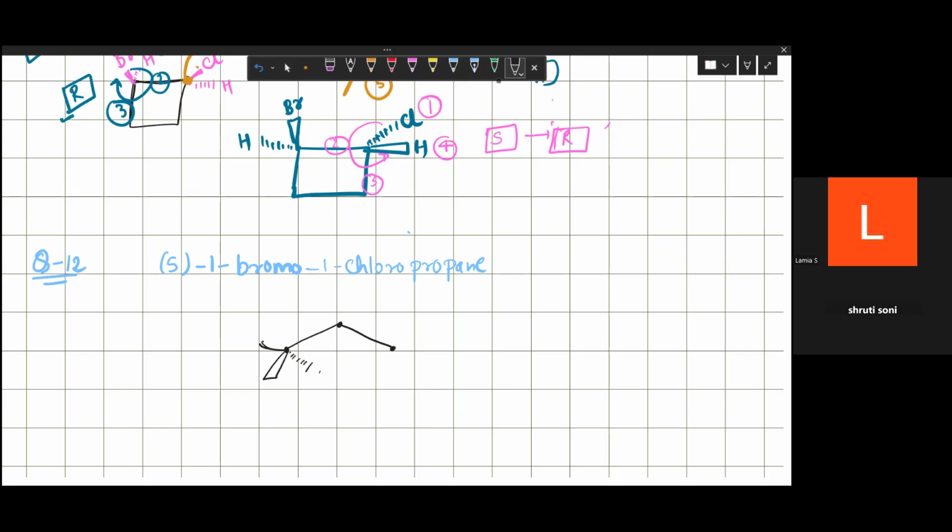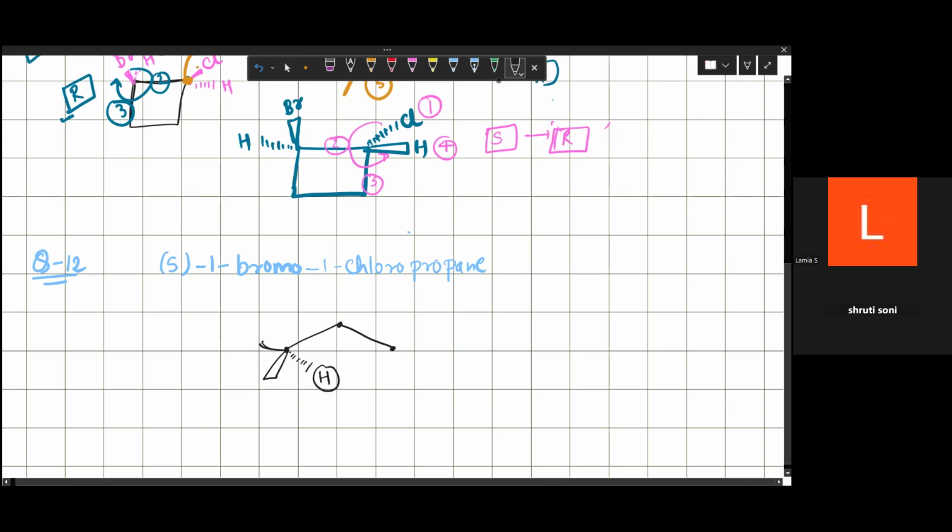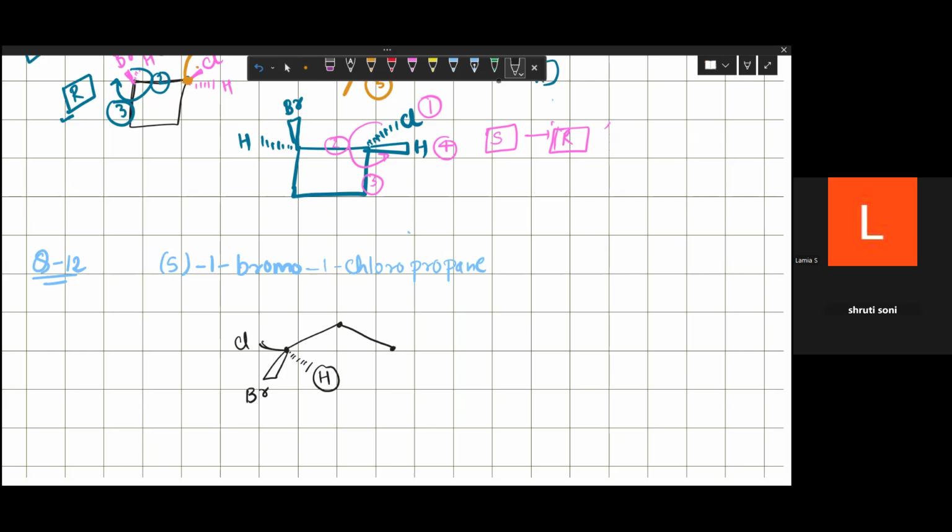Let's suppose I attach the fourth group to the dash side, and then chlorine and bromine. Done. Any issue up to now? Like how I represent this? No? Okay. So now I need to check whether this compound is S or not.